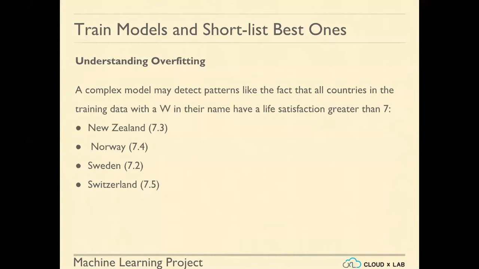Let's say there is a model that has seen only a few countries, say New Zealand, Norway, Sweden, and Switzerland, and it has come up with a theory that any name that has a W in it has life satisfaction greater than 7.